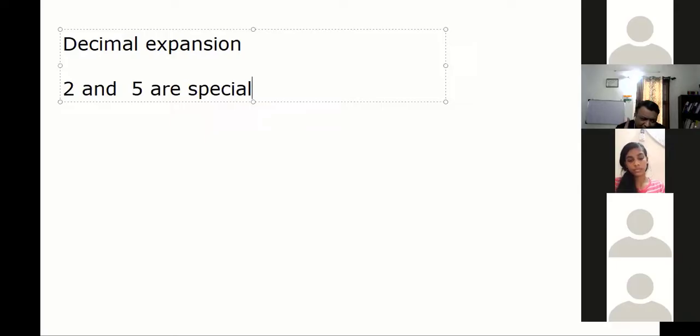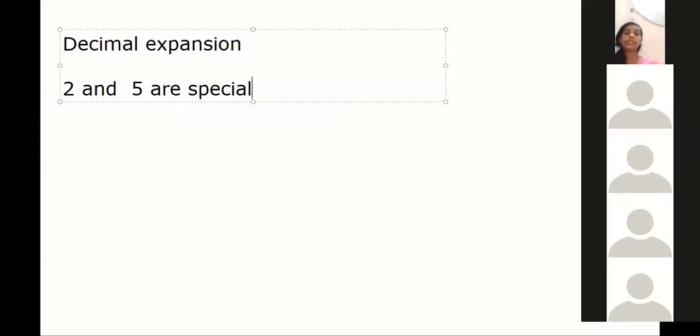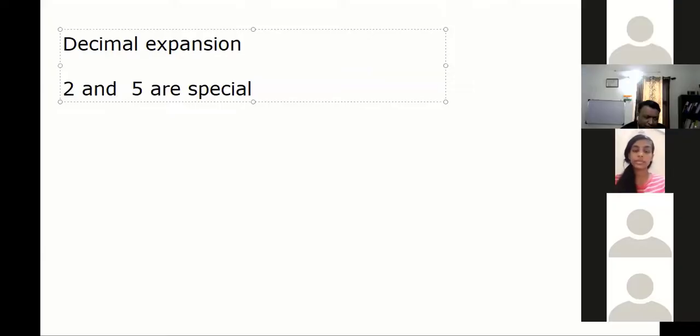Is everybody, sir, knows, right? Q has the property that it should be... Wait, I'm not asking that, I'm asking something different. Wait. What I'm asking everybody is... I forgot what I was saying. Vallabh, what are terminating decimals and non-terminating decimals?